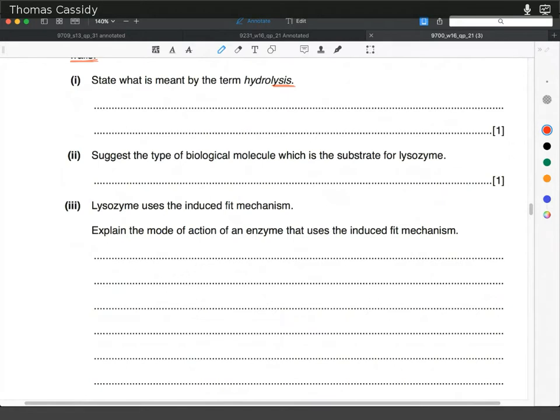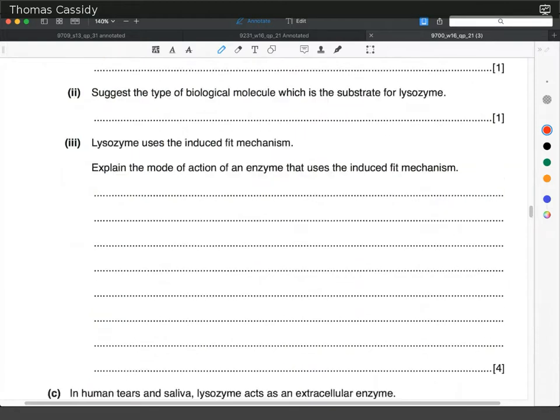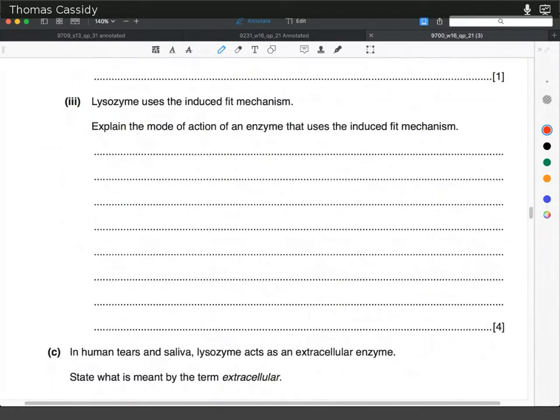We're saying that on the enzyme, this active site is flexible, and when the substrate enters, it's going to change shape to fit the mold, which means that they then do fit, and what's called an enzyme substrate complex is formed, which is when they're bound together, and we can have the reaction take place. So, 4 marks, quite a long question.